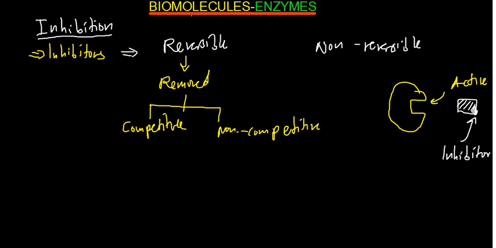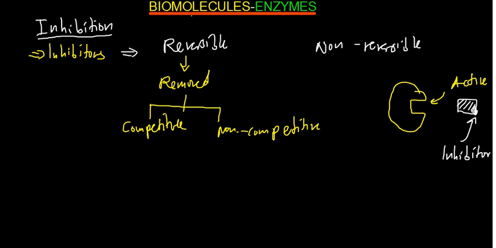While at the active site, the inhibitor prevents the normal substrate from binding. Since the inhibitor and substrate compete for the active site, this kind of inhibition is called active site directed inhibition, or competitive, because they are competing for the active site.